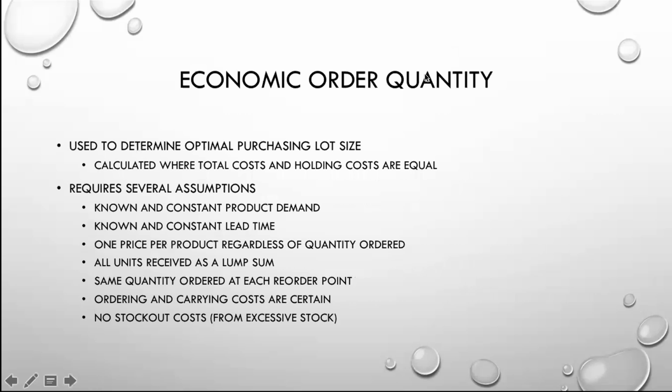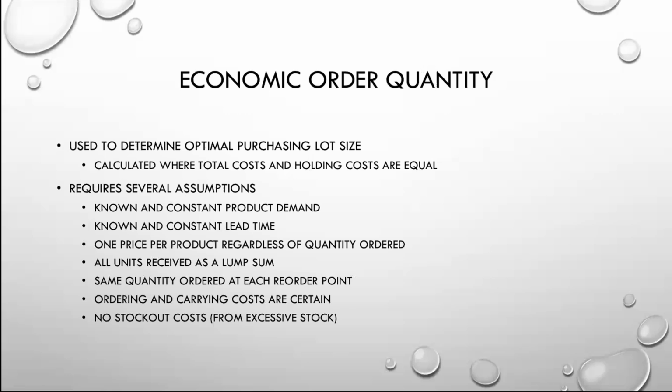Economic order quantity. This is something that we're going to start seeing a lot of starting this week. You're going to be using this a lot in the next 3 to 4 weeks. So I wanted to spend some time to talk about economic order quantity, because this is a very important concept as we move forward. And if you use it, you need to really understand what it's telling you, because the model has a lot of critical assumptions.